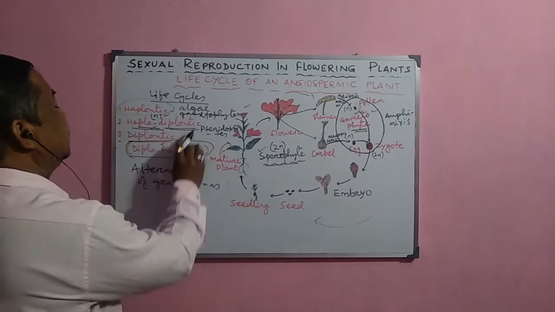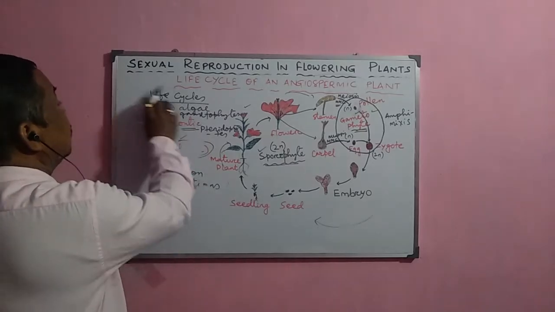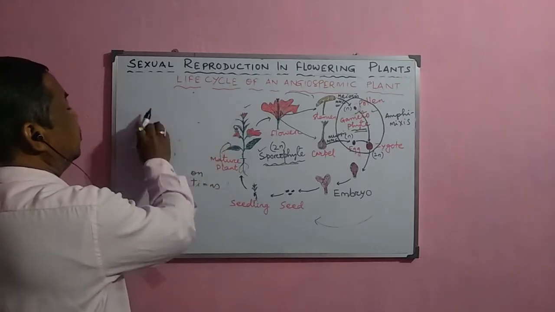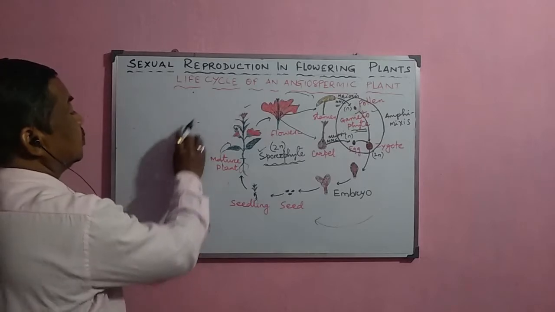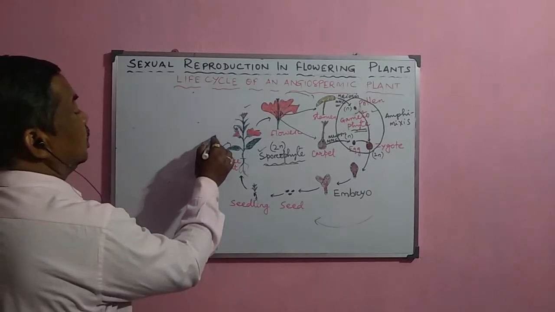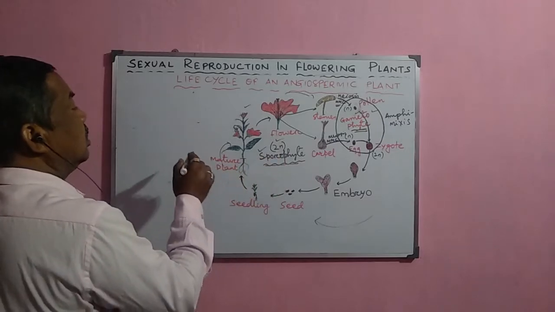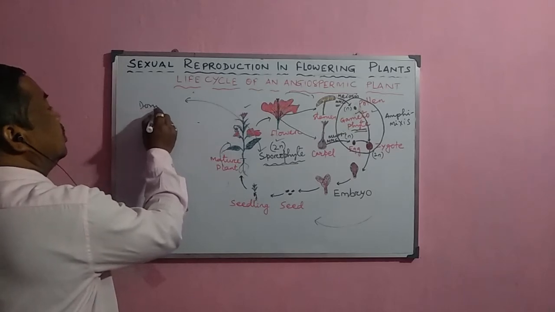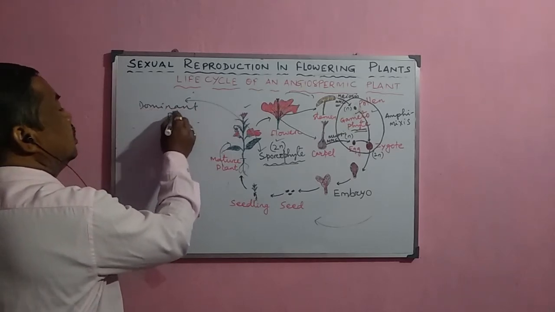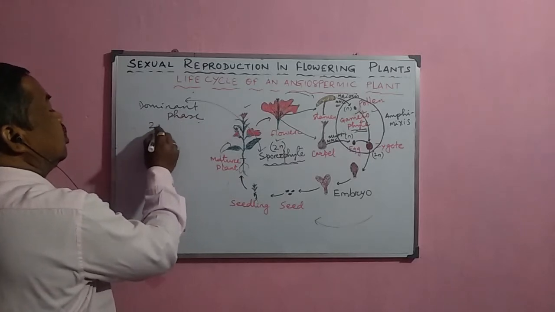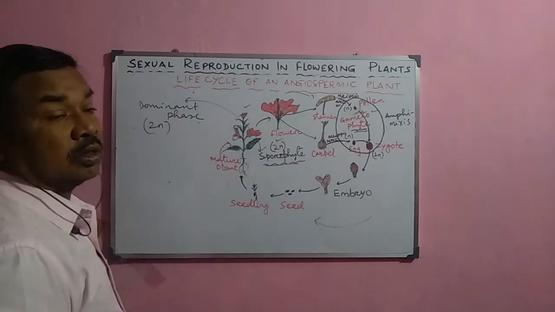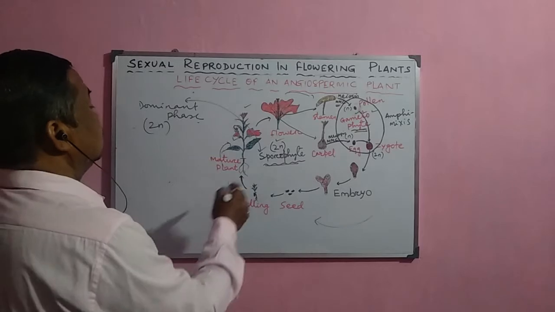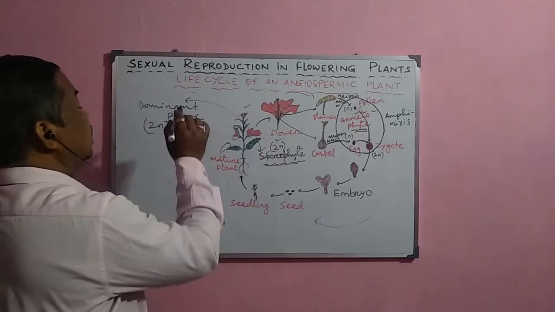So the life cycle observed here is called the diplohaplontic life cycle, or sometimes the diplontic life cycle, because the diploid part, the sporophytic phase, is the dominant phase of the life cycle. The main plant of the angiosperm is the sporophytic plant, and it is diploid in nature.